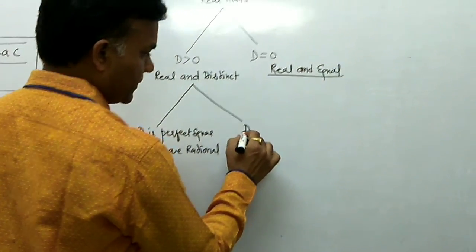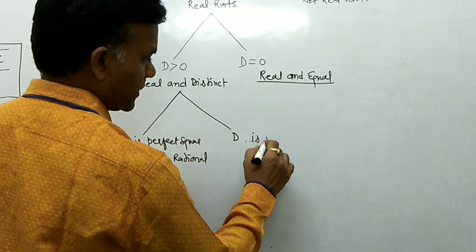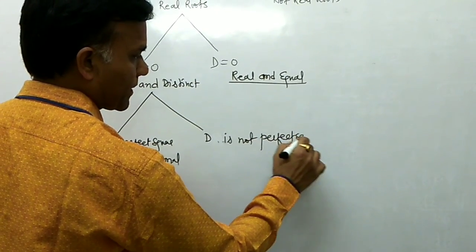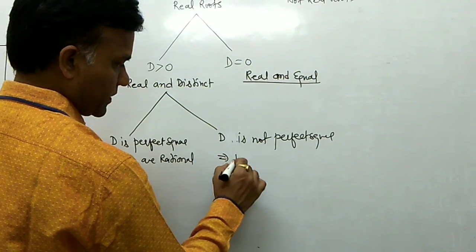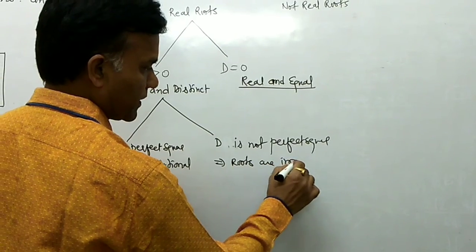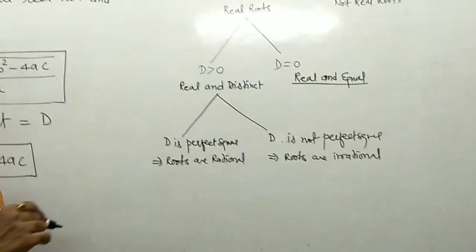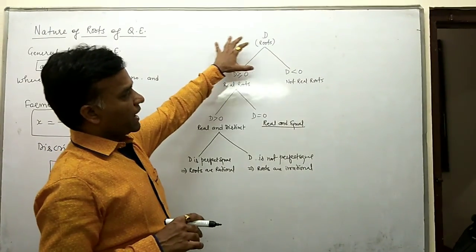And suppose D is not a perfect square, then the roots are irrational.